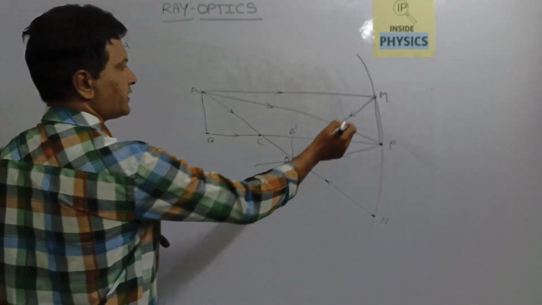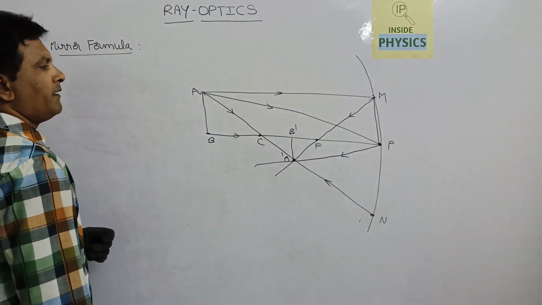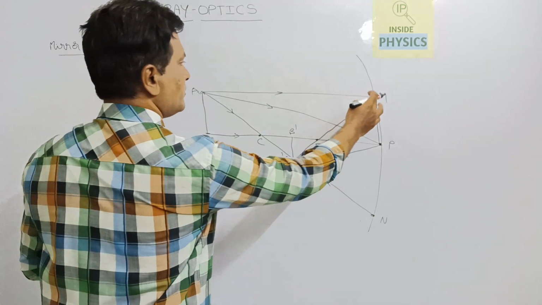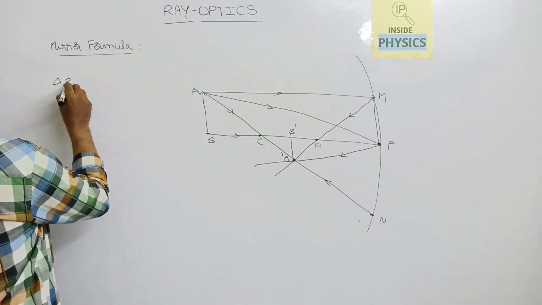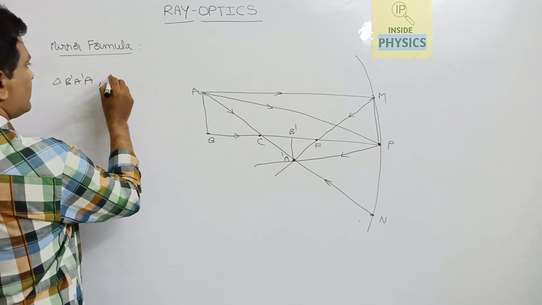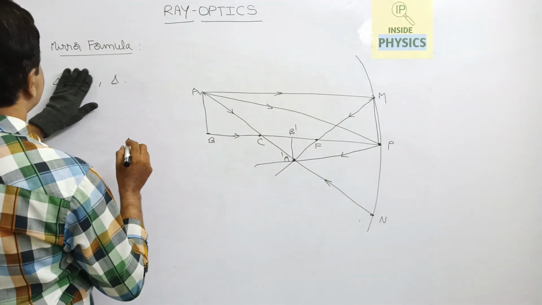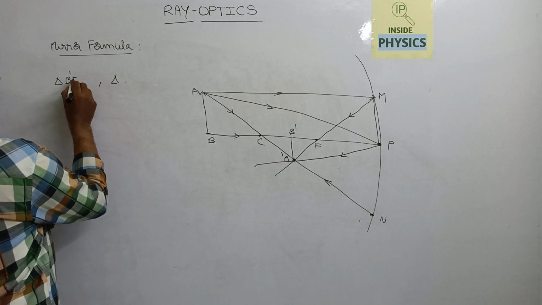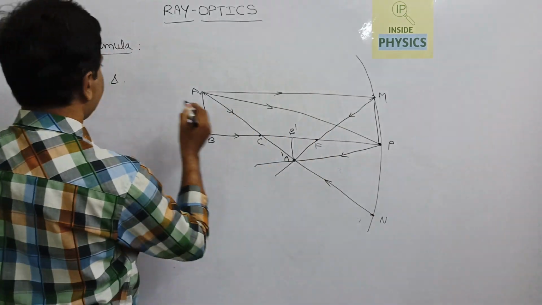That's why we can consider this as a perpendicular to the principal axis. So here, if you observe these two triangles, triangle B dash F A dash and triangle MFP.